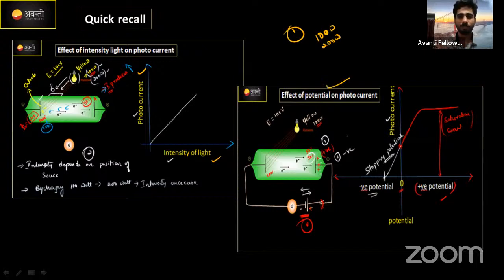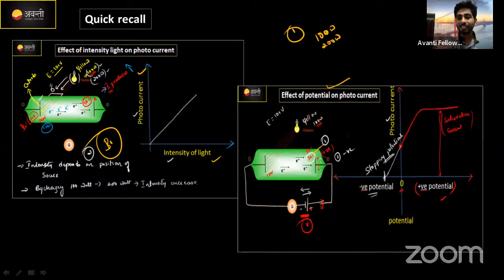Potential क्या होता है photo current से? In the first case we didn't connect the circuit with a battery. In the second case we connect the battery to the circuit. When the battery is connected, the anode gets more positive potential. Due to that, the anode starts to accept more and more electrons. Previously, 50% of electrons were coming near the anode; now, due to the positive potential, around 70% start to reach the anode.